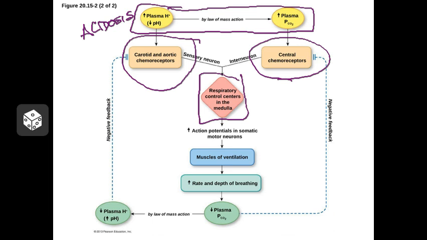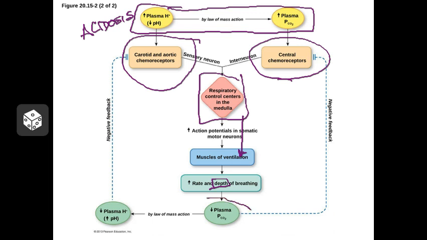So how does that happen? Well, the respiratory control center gets more messages saying, okay, let's, through the phrenic nerve, increase our respiratory rate. It also increases the depth of breathing. You end up blowing off more carbon dioxide.